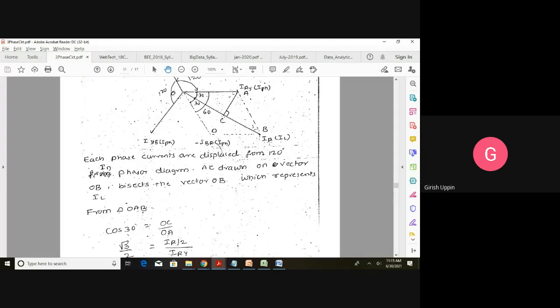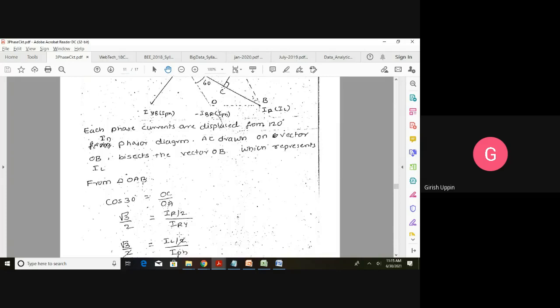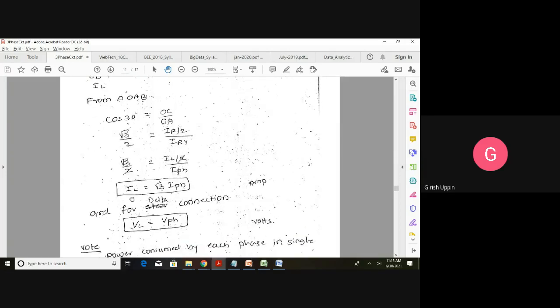IR is nothing but the line current, and OA is nothing but IRY or the I phase current. Cos 30 is root 3 by 2. This is IR by 2 over IRY. That is how we get IR is IL, and IRY is I phase. So we get IL is equal to root 3 times I phase.